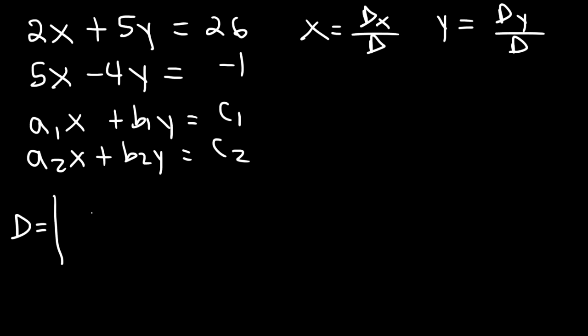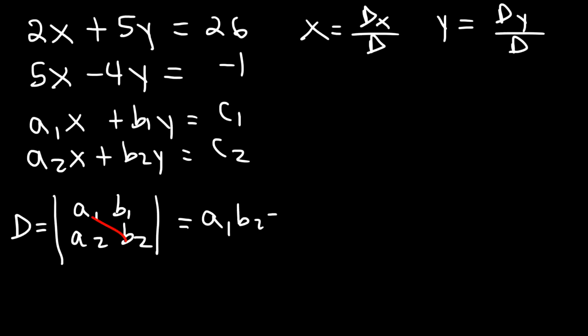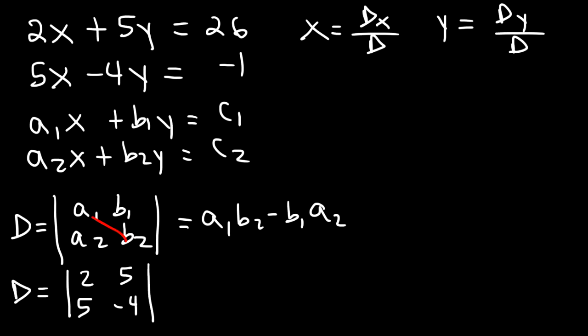So d is a 2 by 2 determinant of a1, b1, a2, b2. Now, to calculate the value of the 2 by 2 determinant, it's going to be a1 times b2 minus b1 times a2. So we said that a1 is 2, a2 is 5, b1 is 5, b2 is negative 4.